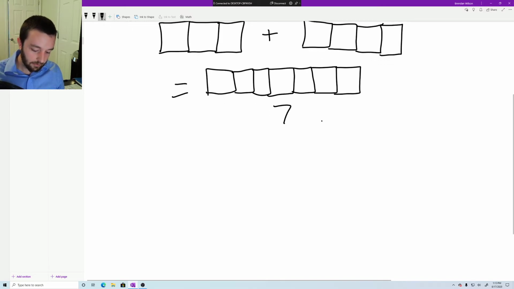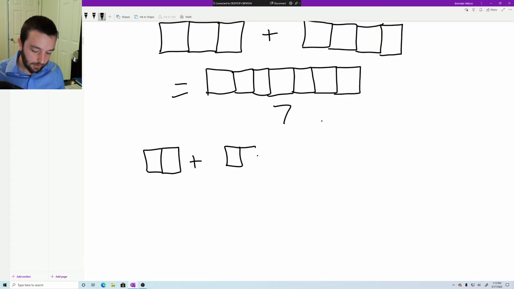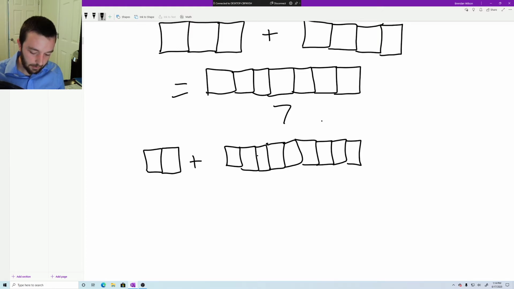If I have two blocks, and now I want to add it to 9 blocks. 1, 2, 3, 4, 5, 6, 7, 8, 9.